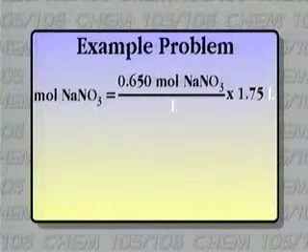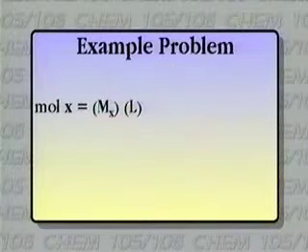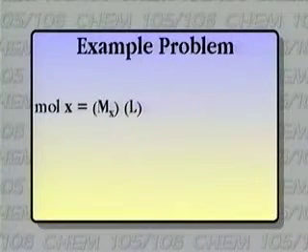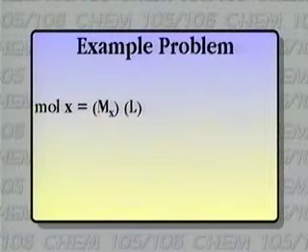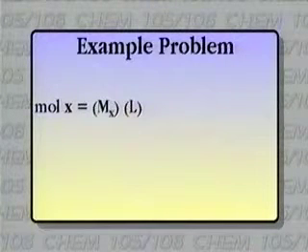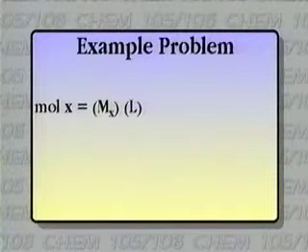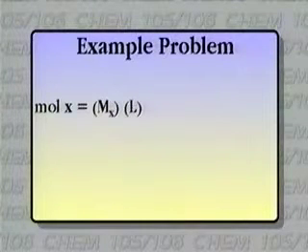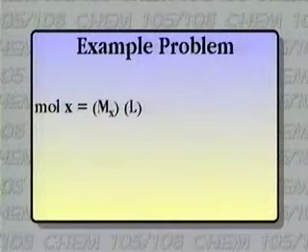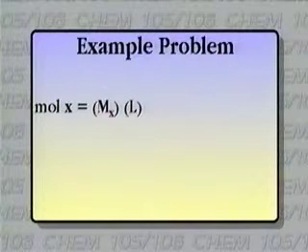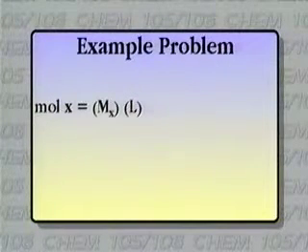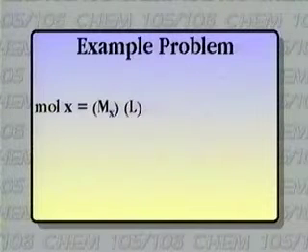As a matter of fact, if we look at this, we can really say, and although I don't like memorized equations, sometimes they're useful to keep in mind, moles of X will be equal to the molarity of X multiplied times the volume in liters.